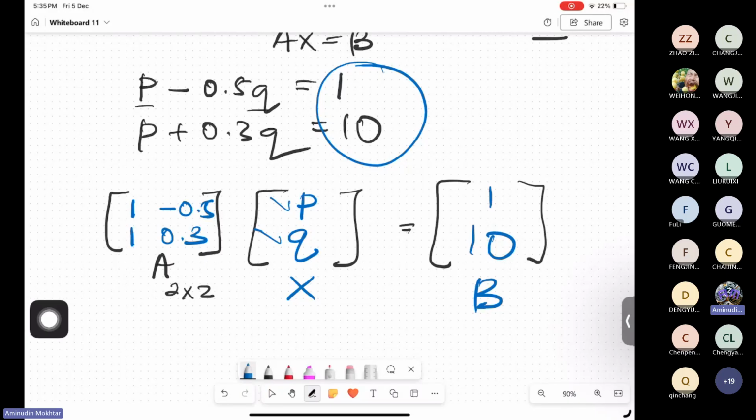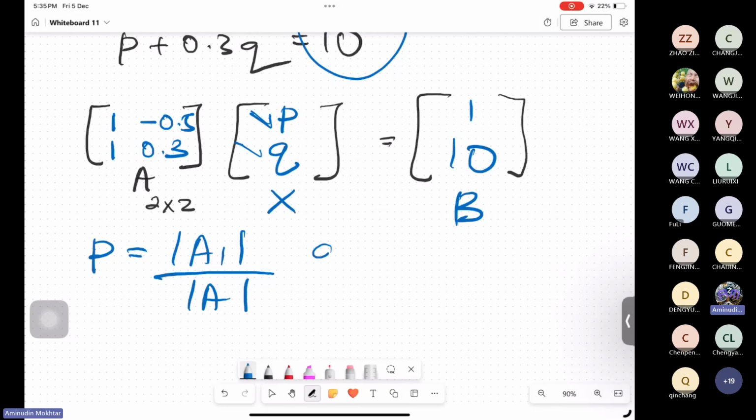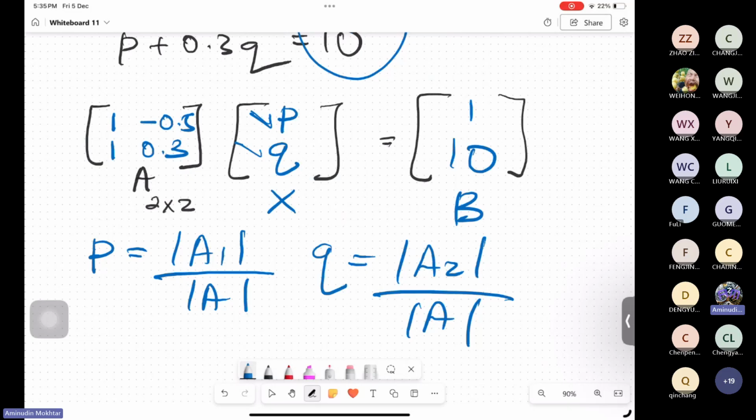Since P is first and Q is second, for X we must write P and Q, not Q and P. Based on Cramer rule, P equals determinant of A1 divided by determinant of A. The second is Q equals determinant of A2 divided by determinant of A. That's about P and Q.